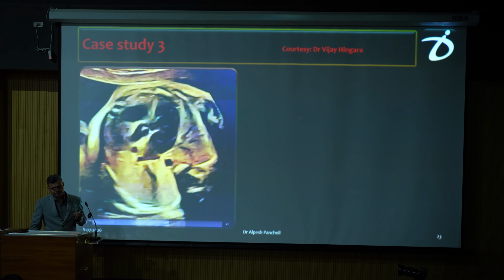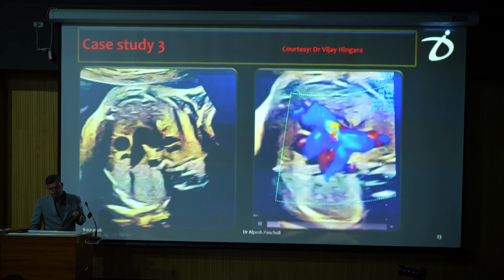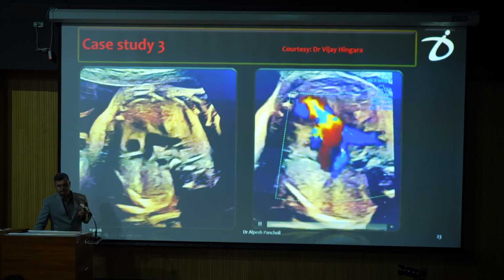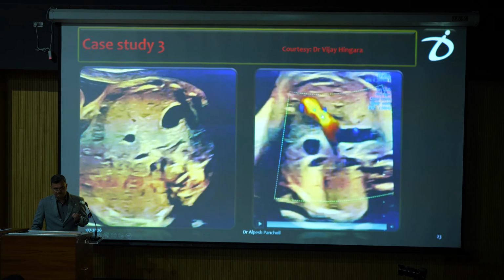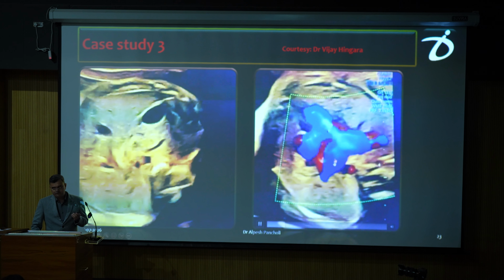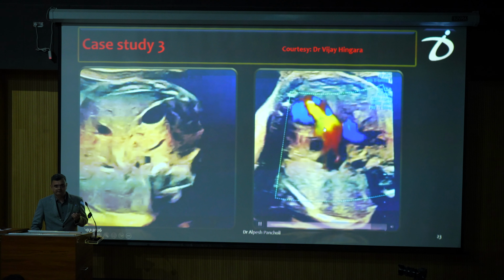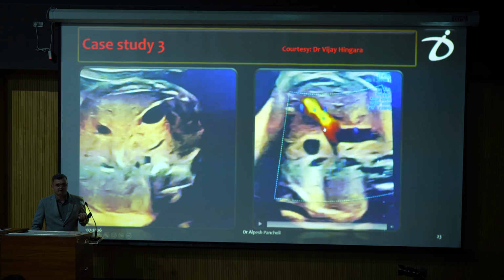Here, this is very narrow. So on color Doppler, if you put color, you will find there is forward flow and regurgitation, because there is no pulmonary valve, only the infundibulum.